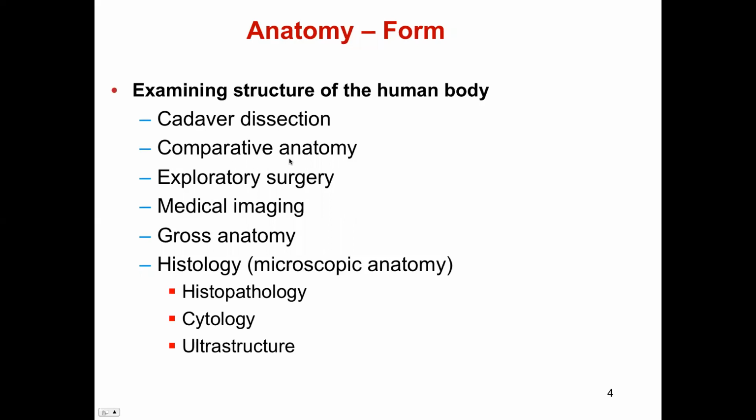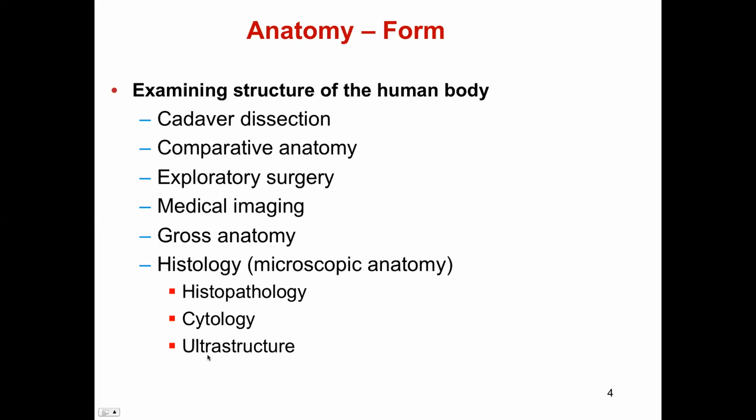When I was in school, my anatomy course was an animal anatomy course because I was focused on learning laboratory animals, and this was a lot of fun. Exploratory surgeries, medical imaging, we'll talk a bit about that, and gross anatomy. And then at the microscopic level, histology, that's looking at tissues. So histopathology, what's going wrong with tissues, cytology, cells, ultrastructures. But this is all form.